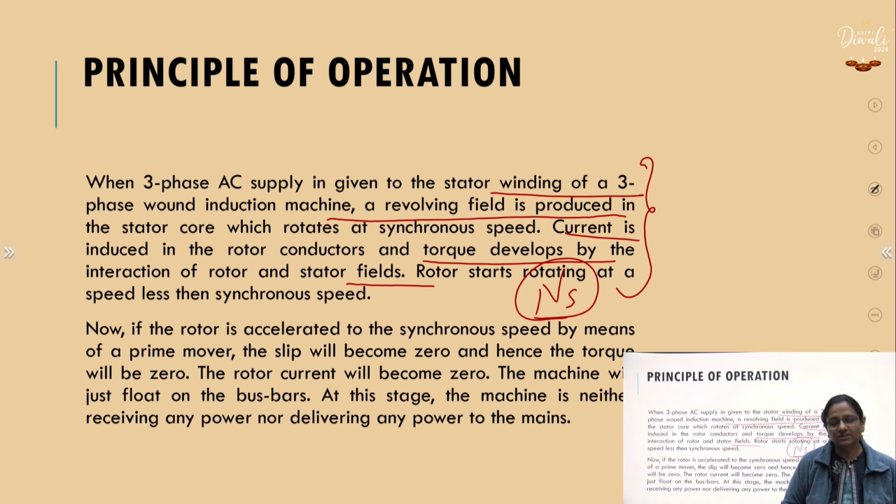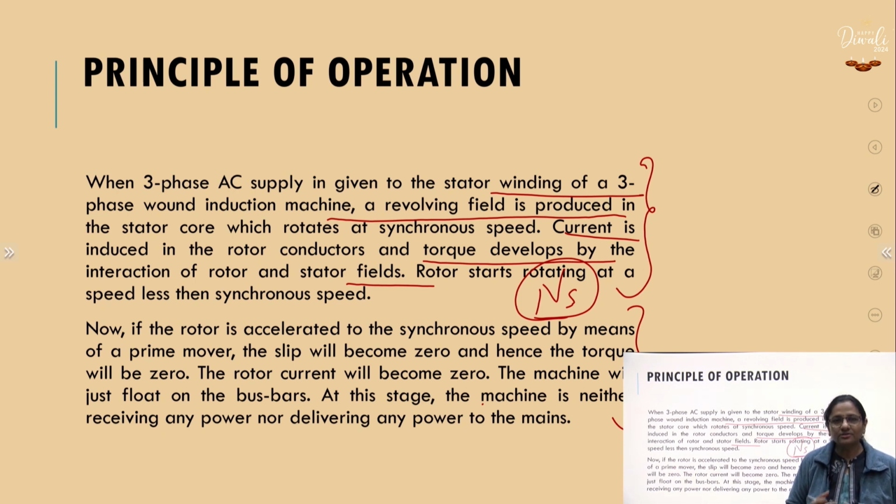If the rotor is rotated at a speed which is more than synchronous speed with the help of an external prime mover coupled with the shaft of the rotor, before accelerating to a speed which is more than synchronous speed, the rotor attains the synchronous speed itself.